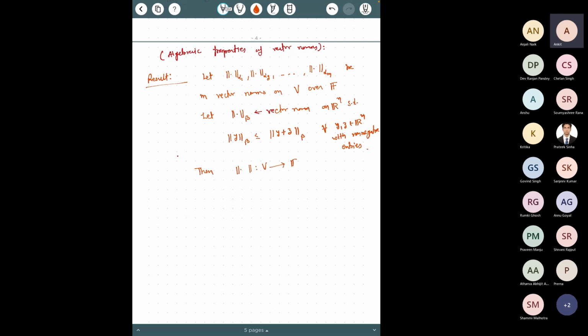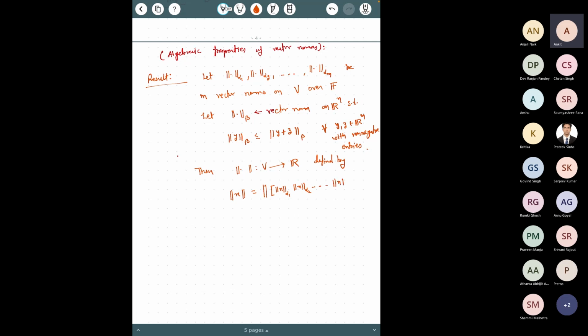Then, if this is the hypothesis, this new function from V to R is defined by the following. If I take any x in V, then the function value would be this one. You take the vector of length m, where the first entry is the alpha 1 norm of x, the second entry is the alpha 2 norm of x, and so on.